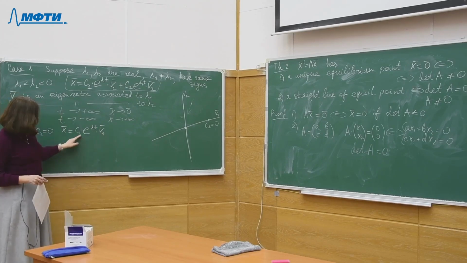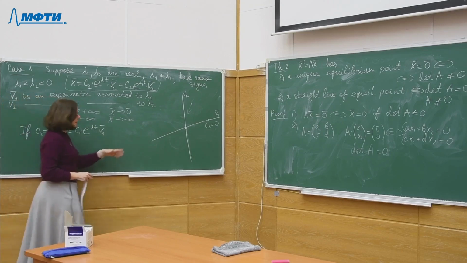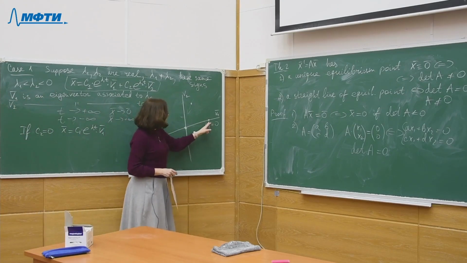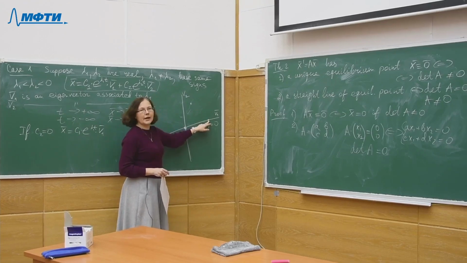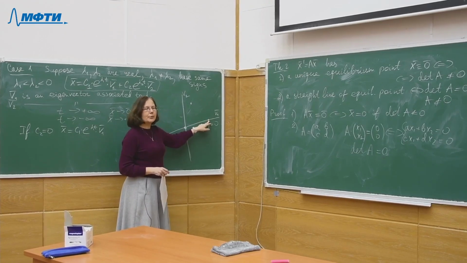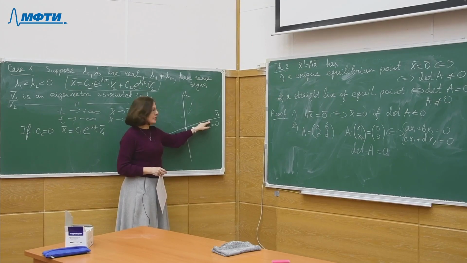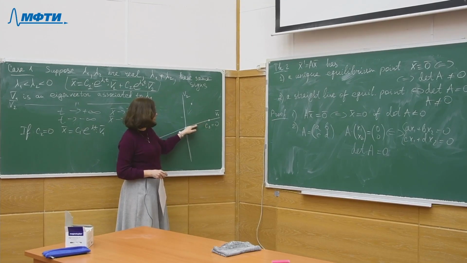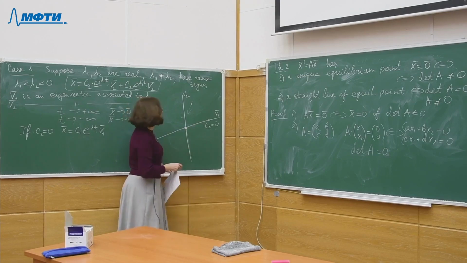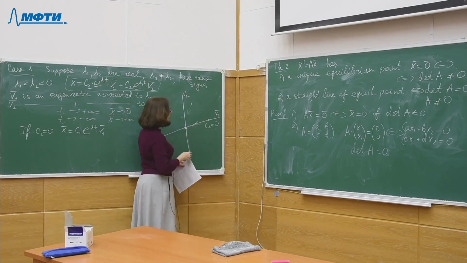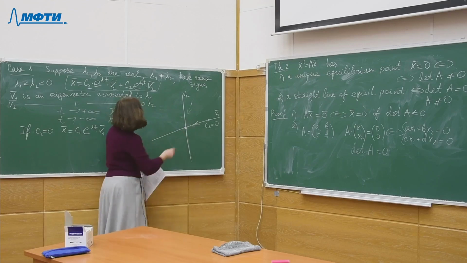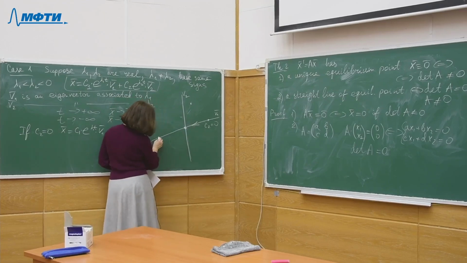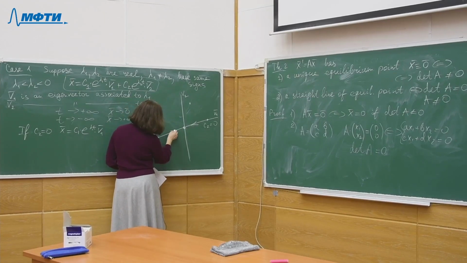This means that if we start with a point on the line through V1, we will remain on this line, and we will go toward the origin. So the motion will be toward the origin in this way. If we start from this point, we will also go to the origin.